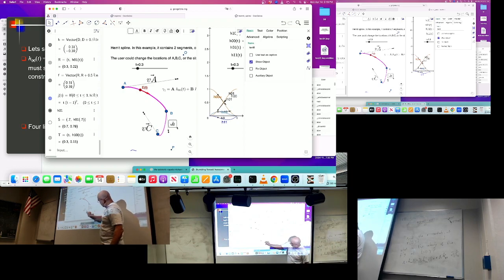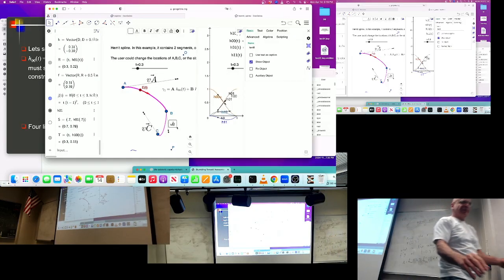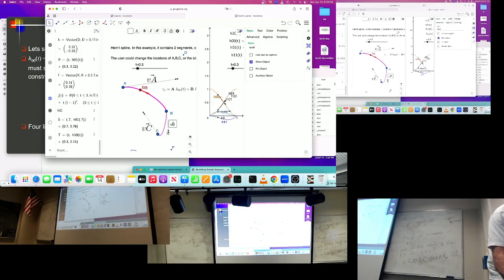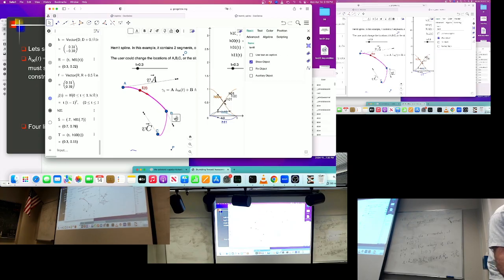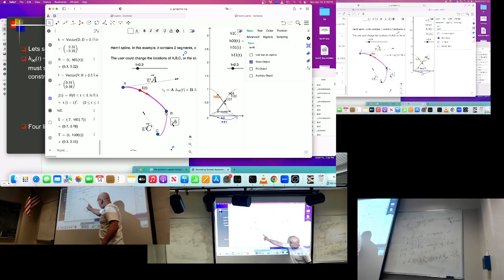indicates in which direction I should finish the first segment, what is my velocity vector at which I finish my first segment, as well as in which direction I get the second curve.